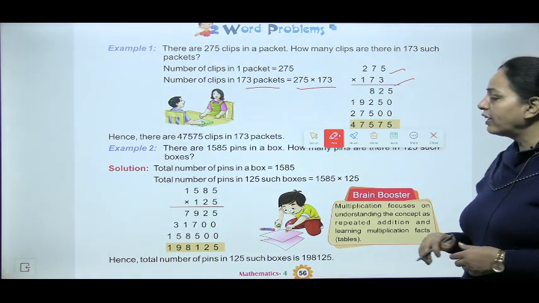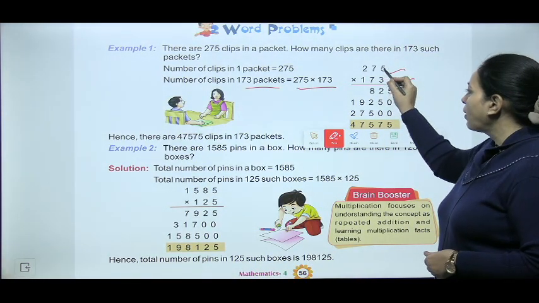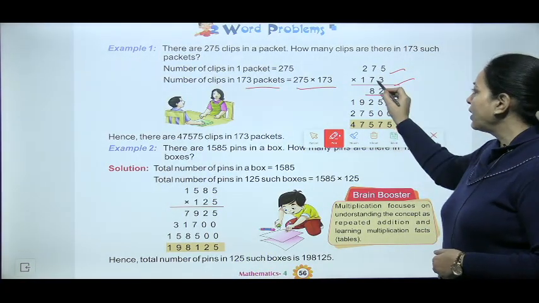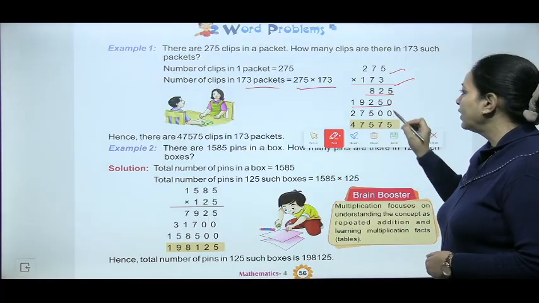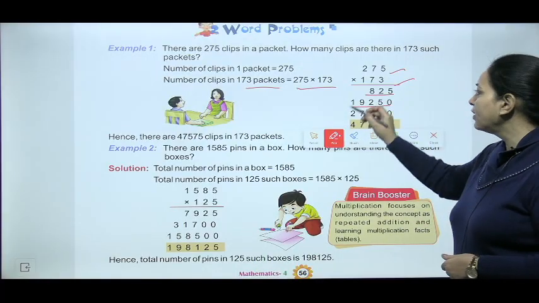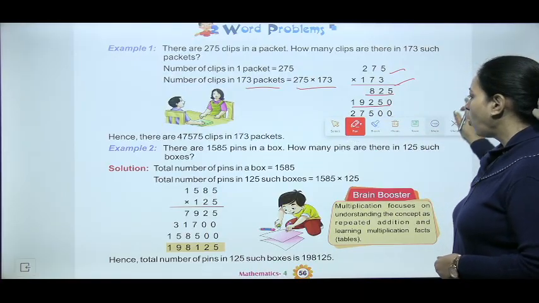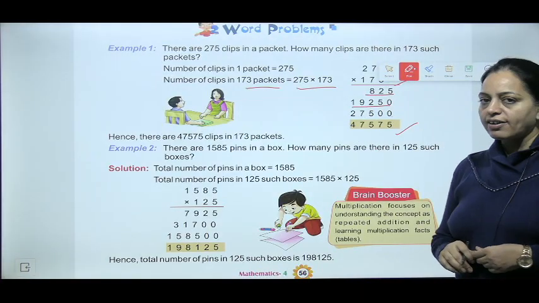So just write it like this. First multiply by ones digit, we will get this. Now multiply by 10, so 0 here, we will get this, and then multiply by hundreds digit, so 2 0, and then the same number. Now add all. This is the answer.